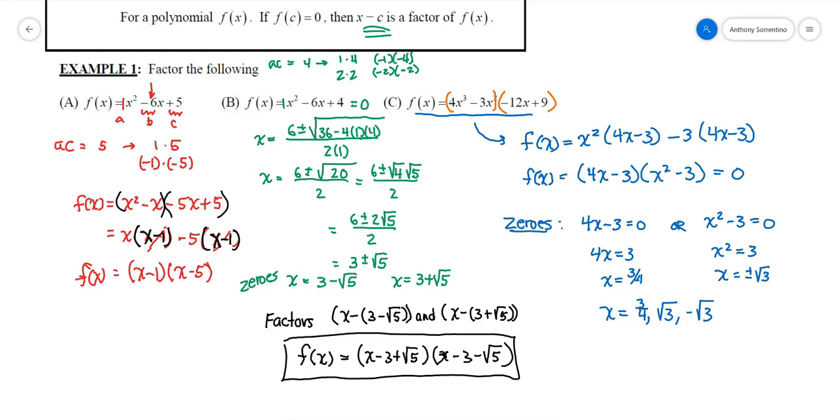If I want to write this in a new factored format, say I have f of x equals, well, the 4x minus 3, as we saw here, is what gave us the x equals 3/4. So me rewriting the 4x minus 3 is the factor that gave that to us.